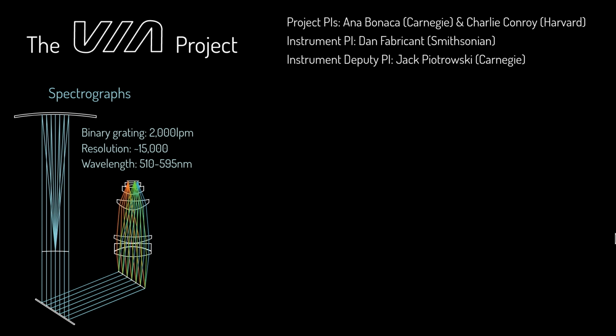The entire project is set on building two spectrographs with pretty high resolution, using somewhat new technology for astrophysics applications, the binary grating, which is highly efficient, with more than 90% throughput, which will help us get those faint targets.